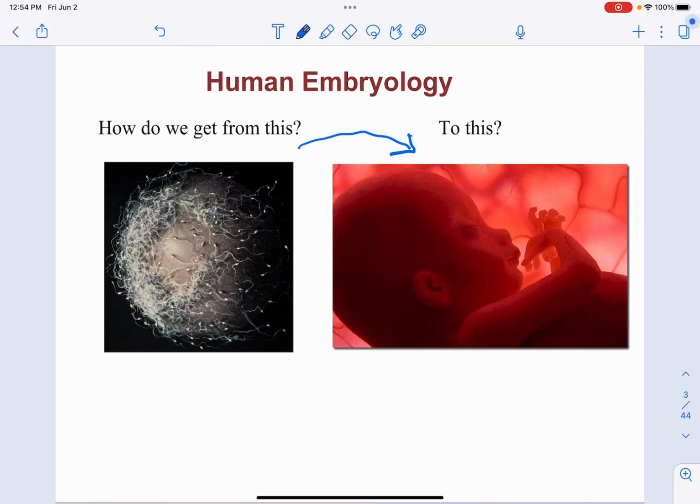All of our tissues, all of our organs, all came from a single cell. And so we need to look at some of these early life events to get a better understanding of this. Now, of course, this is not an embryology course, so I really just want to give you the very basics so that you can begin to understand how we get from here to here and how tissues and organs are derived. Okay?